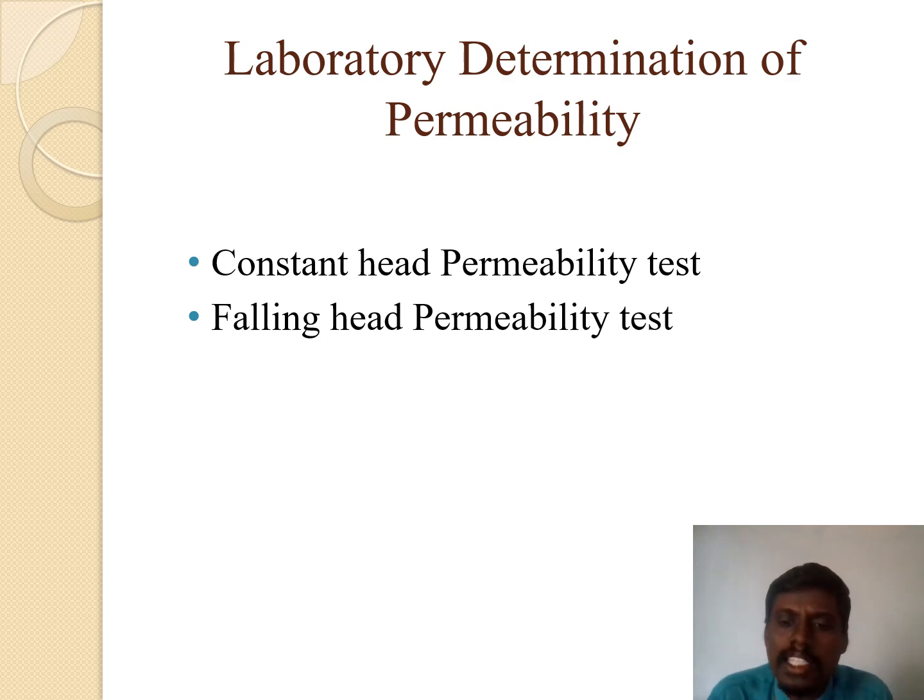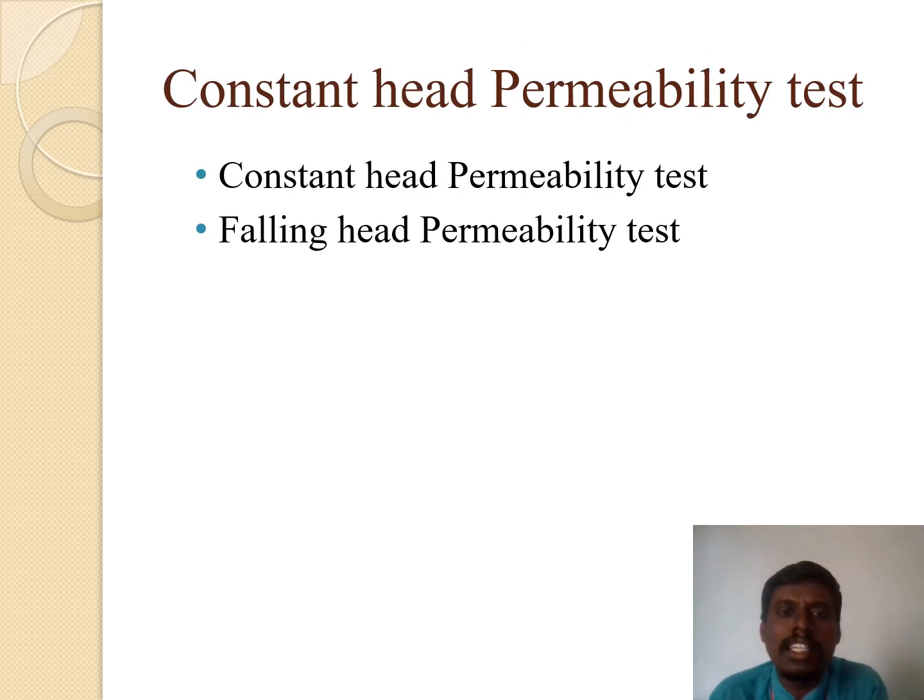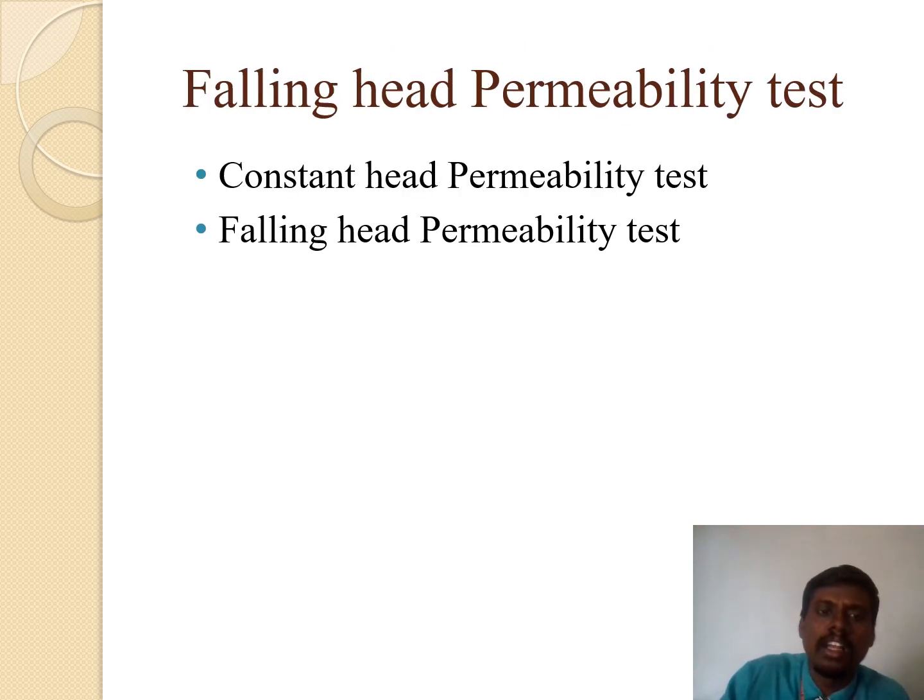In both cases we have to find the coefficient of permeability, that means the small k value. Based on that, the type of soil can be identified, because each type of soil has a different value of permeability. The first thing we discuss is the constant head permeability test.